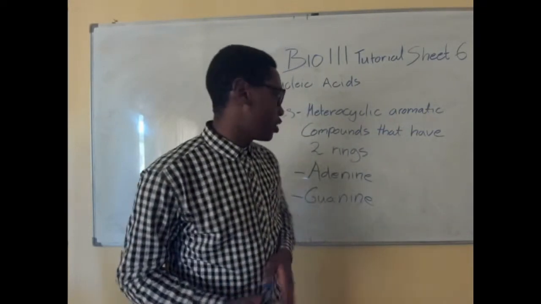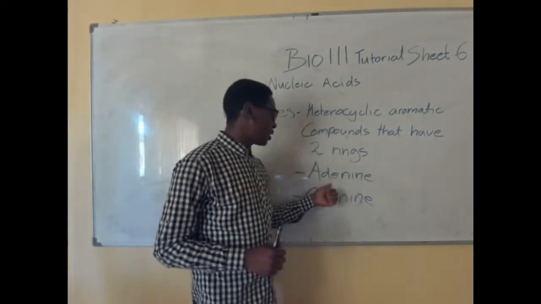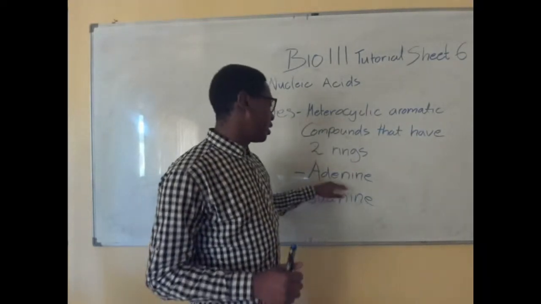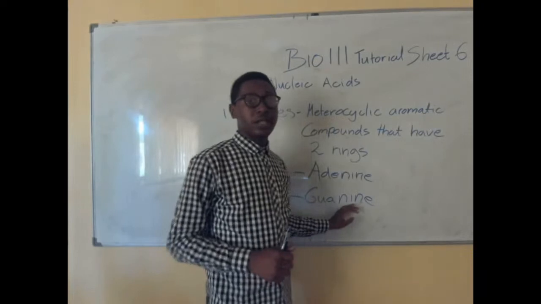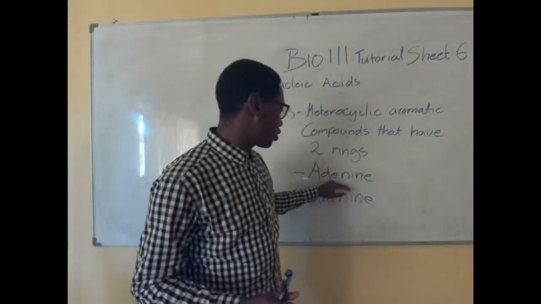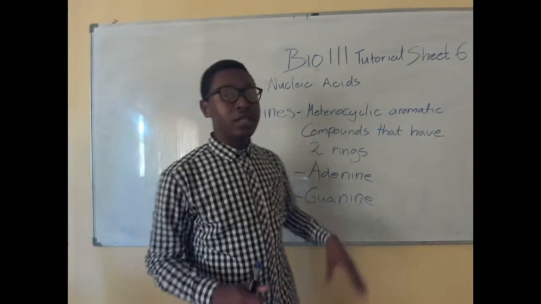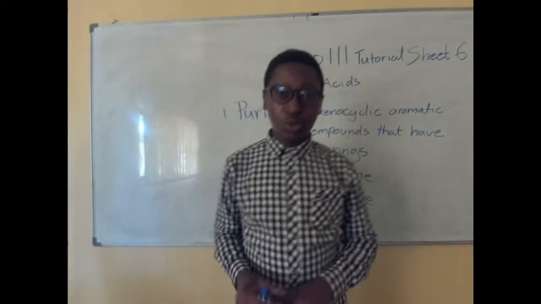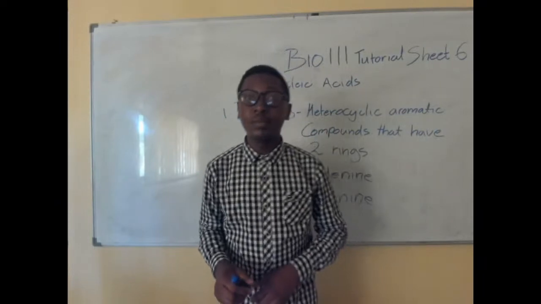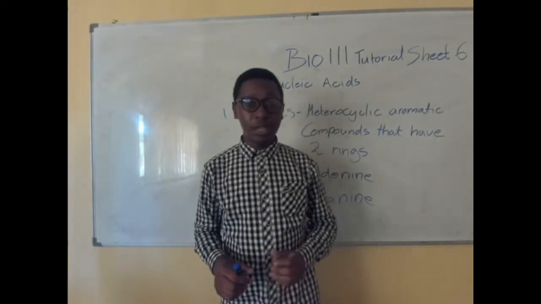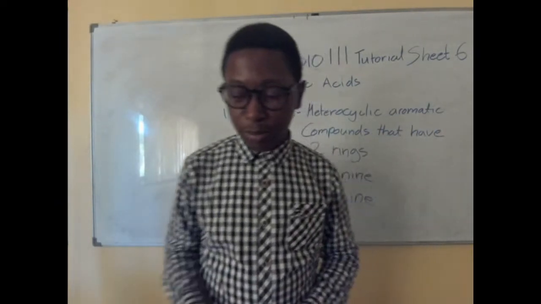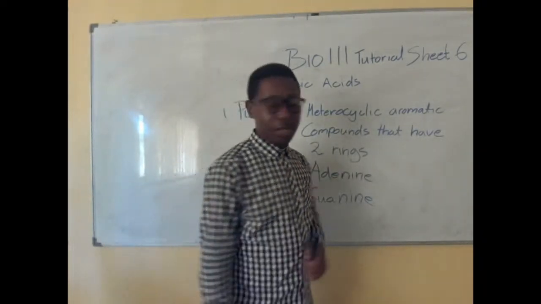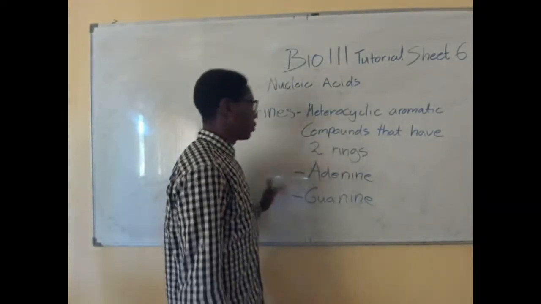So examples are adenine and guanine. They each have 2 rings, and these 2 rings are unsaturated. An unsaturated compound simply means there are double bonds in that compound. Okay, so those are purines.